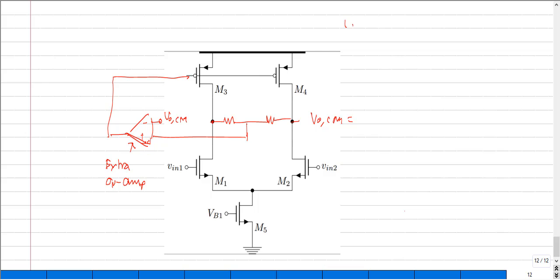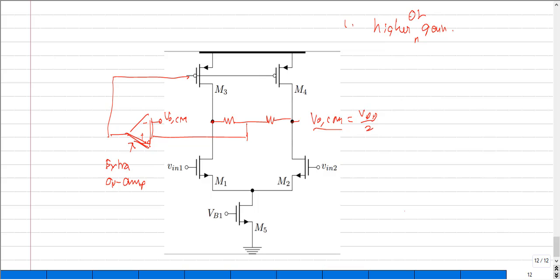I guess you remember it. Based on the precision at which I want this common mode value to hang around, say for example VDD by 2, we want this extra amplifier to have a very large DC gain, or open loop gain.